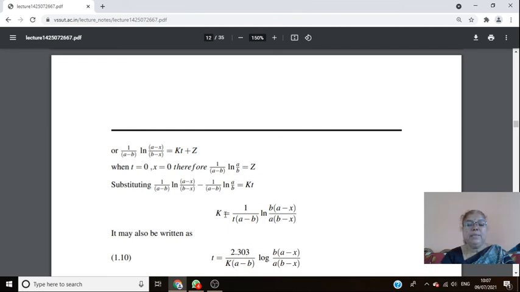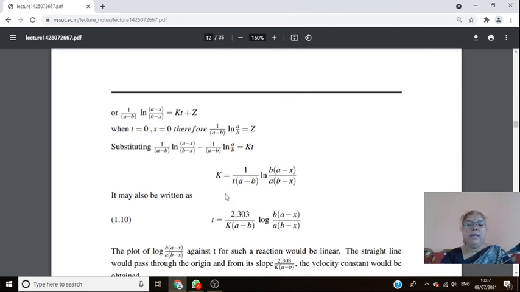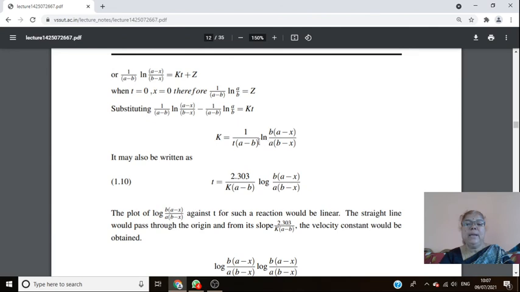Simplifying this equation, we have k equal to 1 upon t (A minus B) ln of B (A minus x) upon A (B minus x), and changing ln to log to the base 10, we write 2.303.